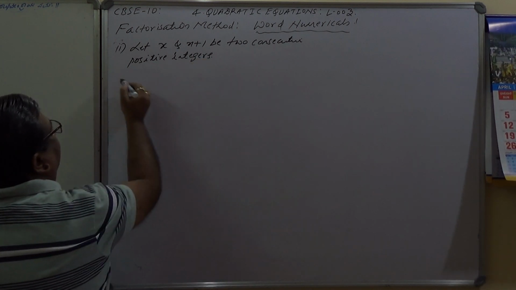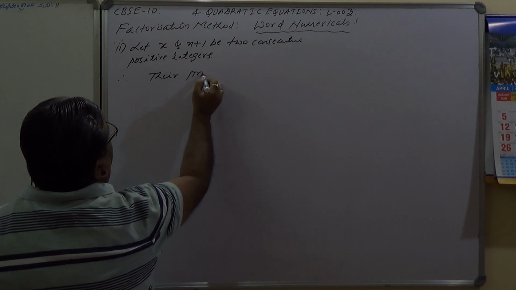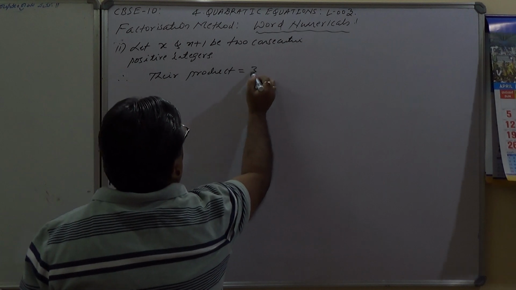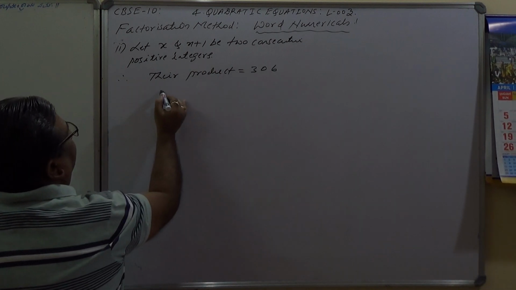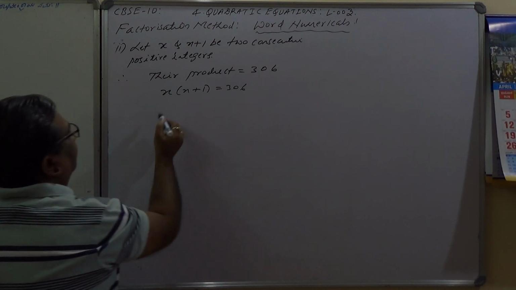Therefore, their product equals 306. The meaning here is x into x plus 1 equals 306.